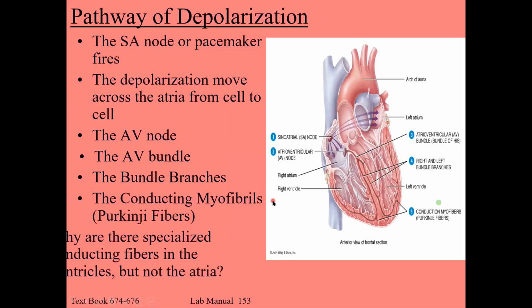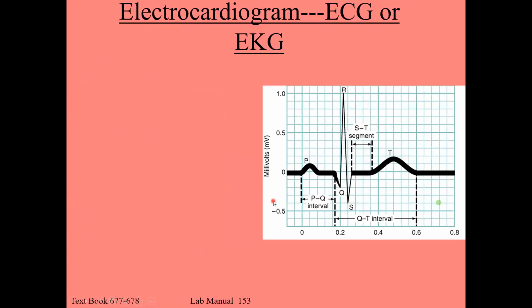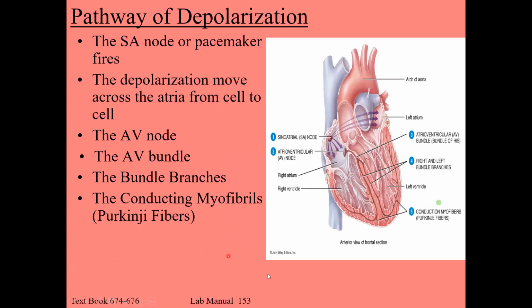So what is the sequence? The sequence of an EKG and the electrical activity of the heart. Again, we'll repeat this in the lecture, but for now, just know that the action potential is generated by the SA node, picked up by the AV node, flows down the bundle of His to the branches to the Purkinje.